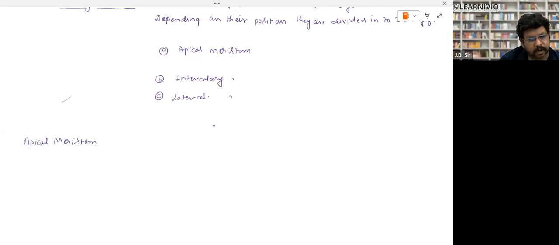This is very important. You can put an important note over here. These meristematic tissues, the apical, intercalary, and lateral, are important for your school examination. If they ask for the complete meristematic tissue, that will be a long answer, maybe a 4 or 5 marker. But if they ask for the apical, intercalary, or lateral individually, that will be a 2 marker question, right? So this is important for both short and long answers. Most probably they'll ask it as a short answer. Clear? But it is very important.